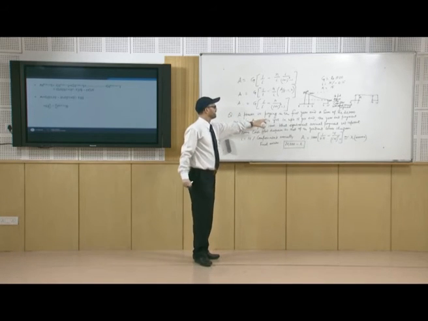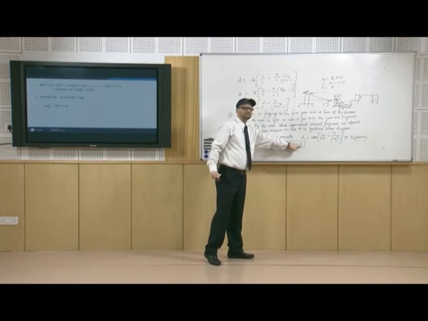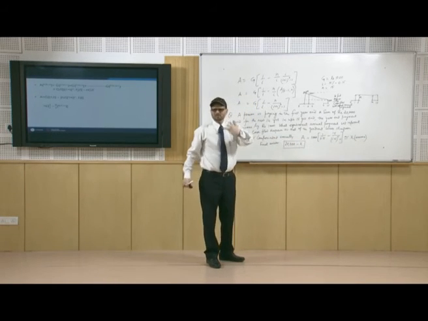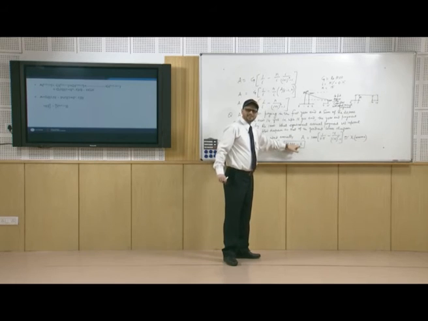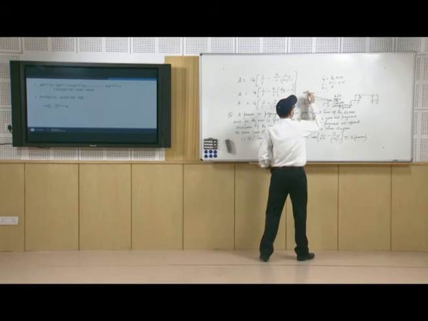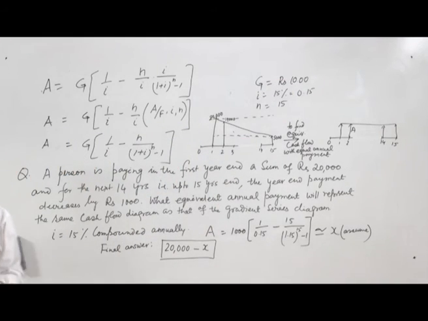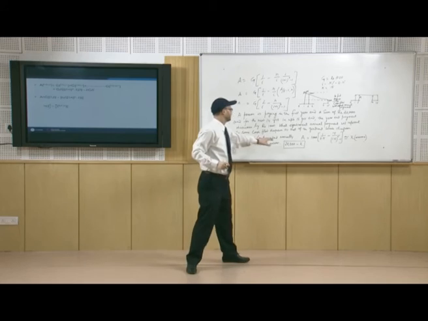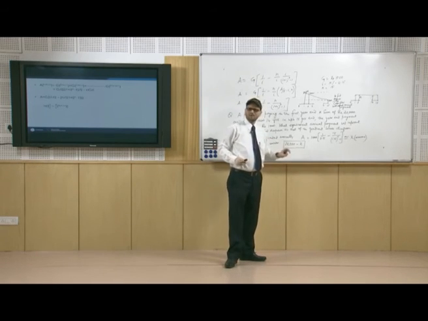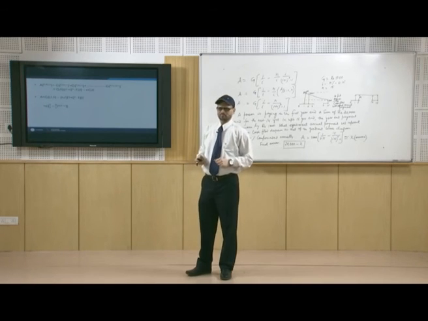Here the gradient amount is a negative amount, that is why we have subtracted it. If it is a positive amount, we will add it here, it will be 20,000 plus our x, because this line will go like this. So this way we calculate the equivalent annual amount for a linear gradient series factor.